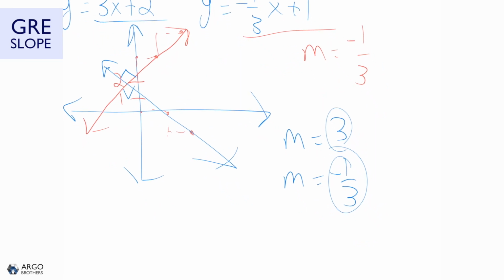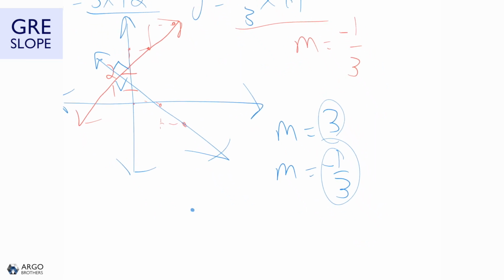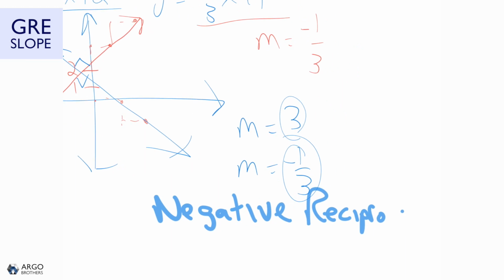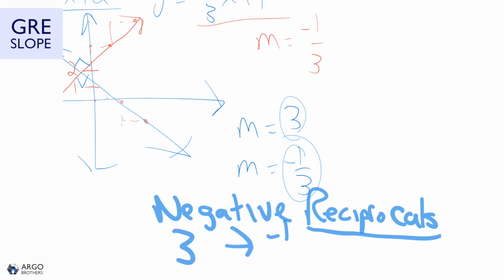Well, it turns out that they're negatives of each other, but not only that, they're negative reciprocals of each other. Which means that if one is 3, we take the negative of 3 and then we flip it. To reciprocate means to flip it. So we go to negative 3 and then we flip it. If you flip negative 3, you get negative 1/3. Okay?